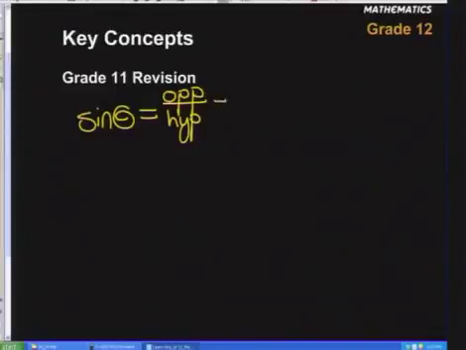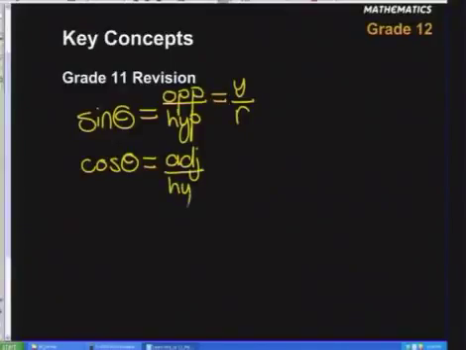So that is y over r. Definitely these sorts of things you guys should know, without even thinking about it twice. Then cos is adjacent over hypotenuse, and that, of course, is x over r.